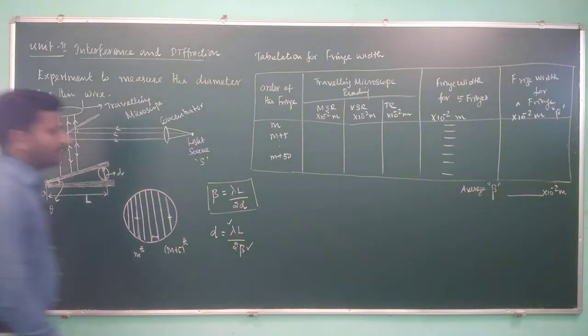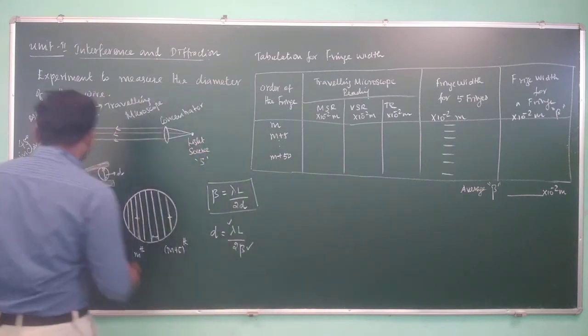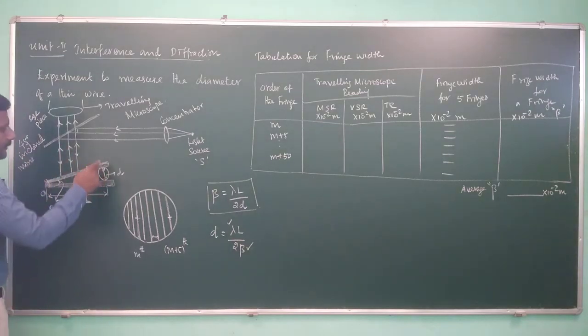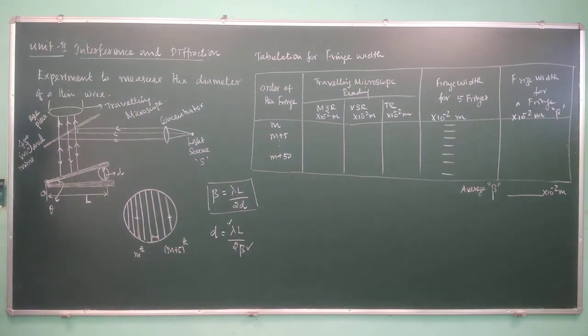We focus the traveling microscope to the edge where these two glass plates are in contact, and we note that reading: main scale reading, vernier scale reading, and total reading on the horizontal scale. Then we move the traveling microscope to the right end where the wire is placed, fix the microscope in this position, and again calculate the main scale, vernier scale and total reading. If we subtract the two, we will get this value L, right?